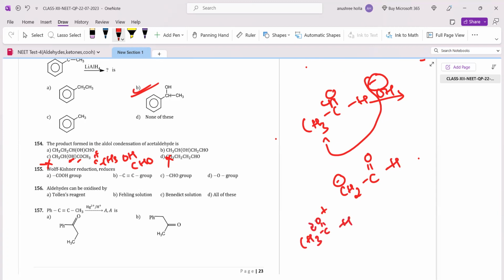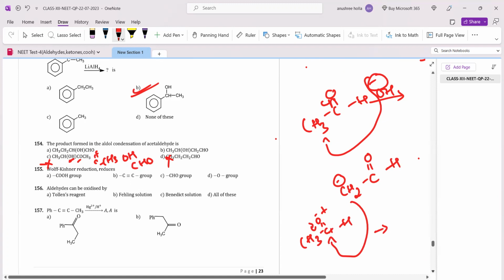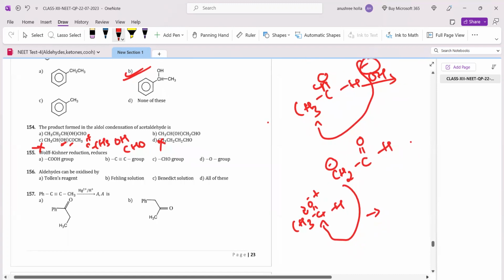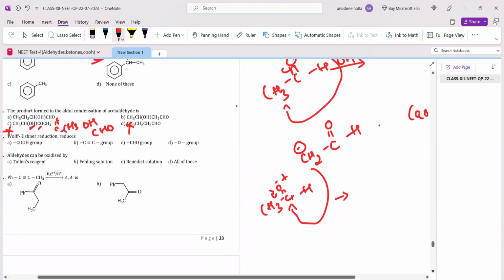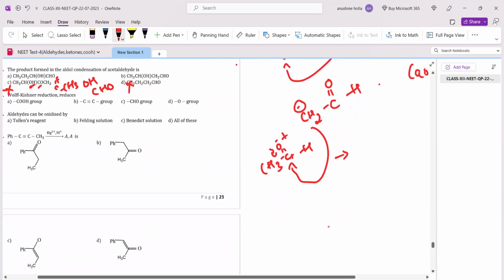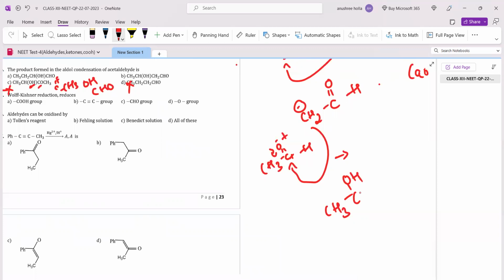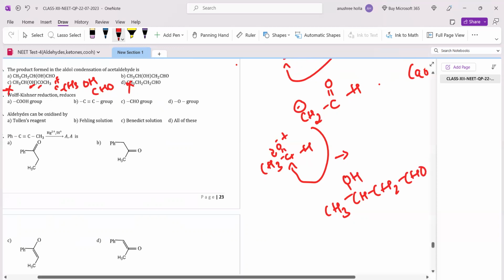Since this bond is polar, this carbanion will attack here. So you'll get CH3CH(OH)CH2CHO, written after the addition of H plus as well. So you will get a hydroxyl group next to the carbon atom.